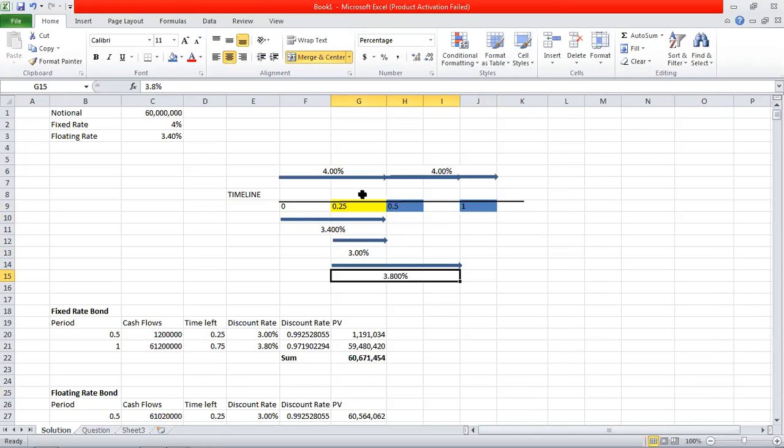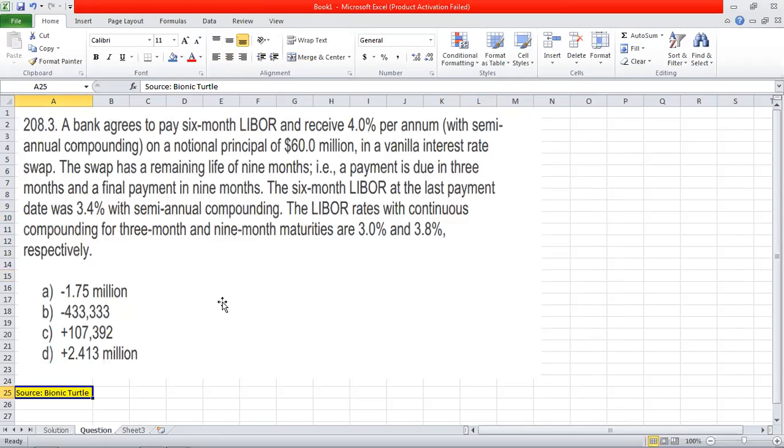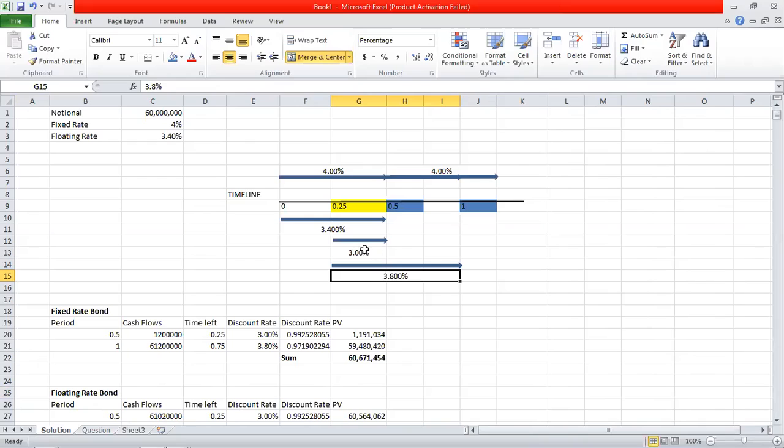So it says that the LIBOR rates with continuous compounding for 3-month and 9-month maturities are 3% and 3.8% respectively. So this period interest rate is 3%, which is 3 months, 0.5 minus 0.25. And the 9-month rate is 3.8%, which is 1 minus 0.25.